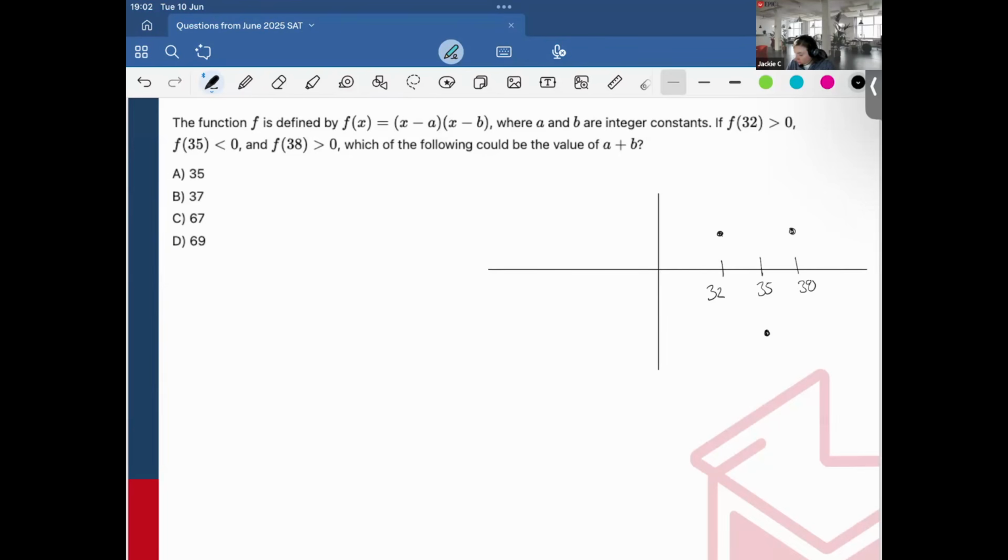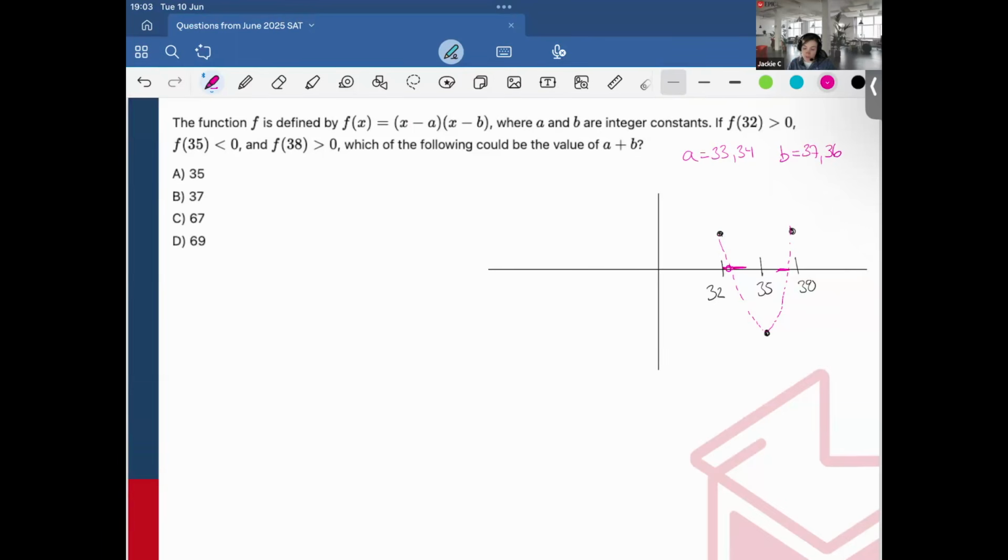up here. So I can see that the values of the x-intercepts, which are what a and b are equal to, are going to fall somewhere in between here. So I can see that the range falls between like 33, 34 approximately. And for B, that would fall between like 37 and 36.